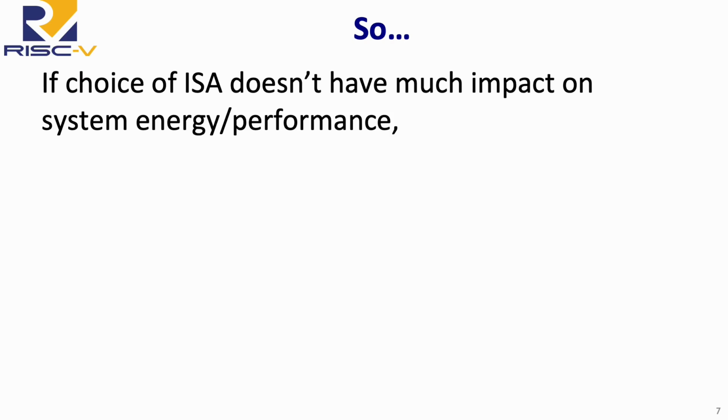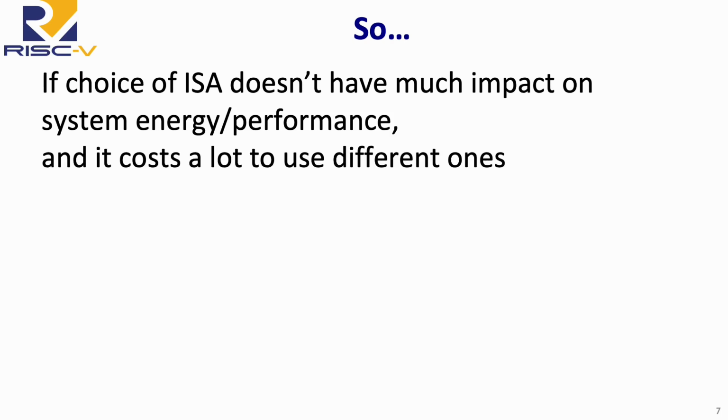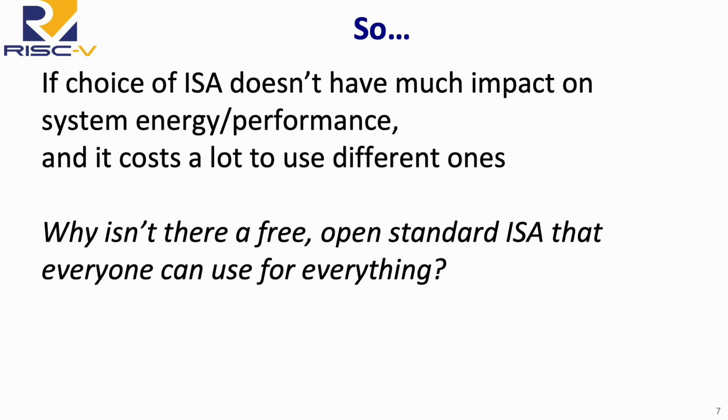So if the choice of ISA doesn't have much impact on system energy or performance, and it costs a lot to use different ones, why isn't there a free open standard that everyone can use for everything?